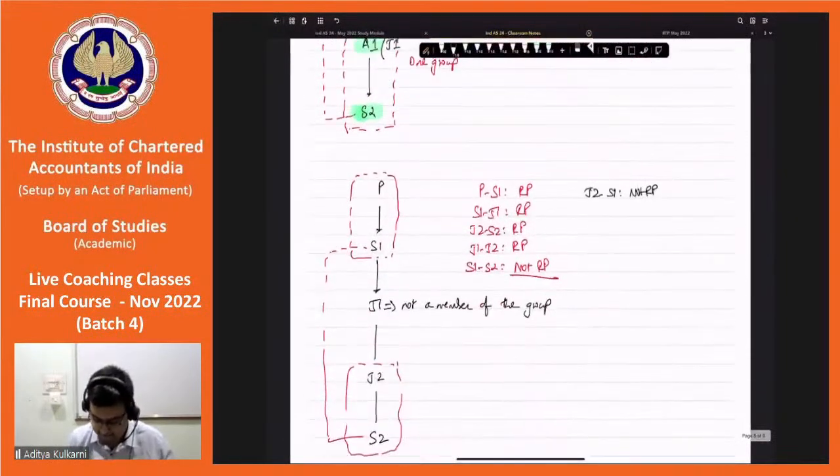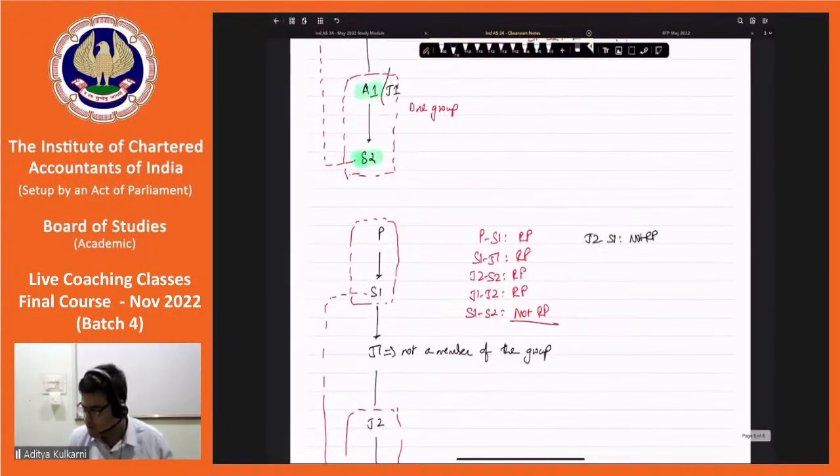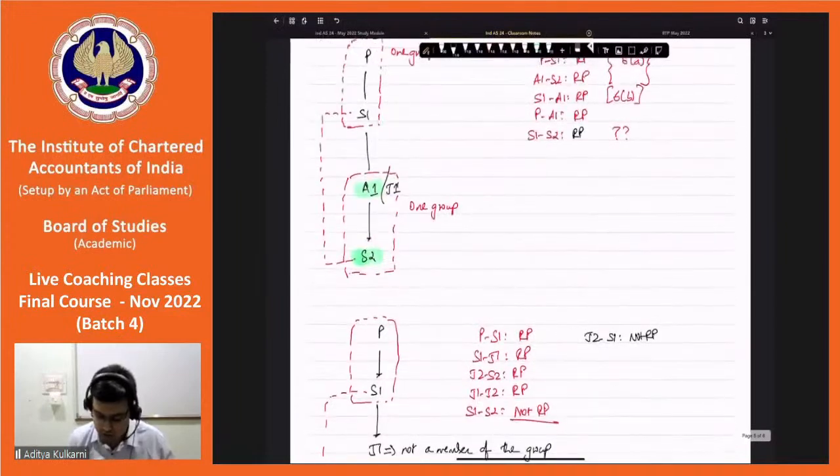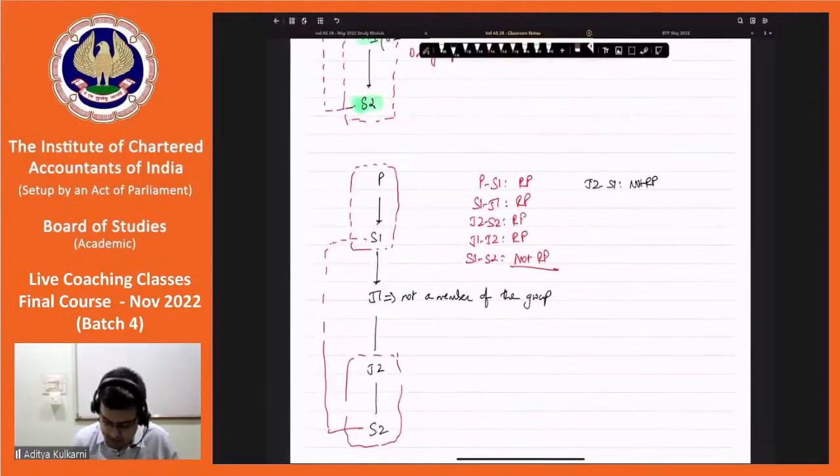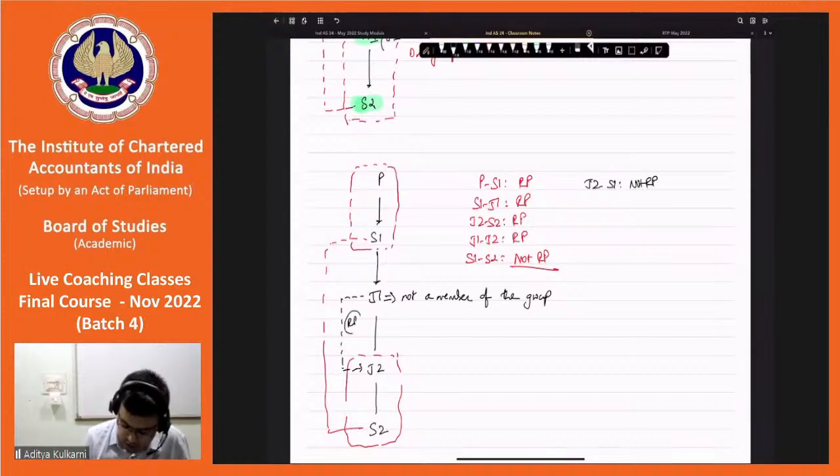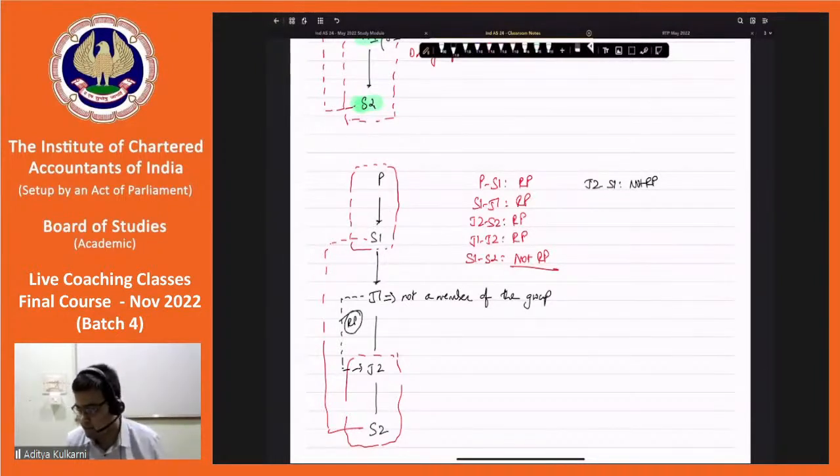See, J1 and J2 will always be related parties. Why? Because J1 jointly controls J2. So this is a related party. S1 and S2. Now see, J2 is a joint venture of J1.